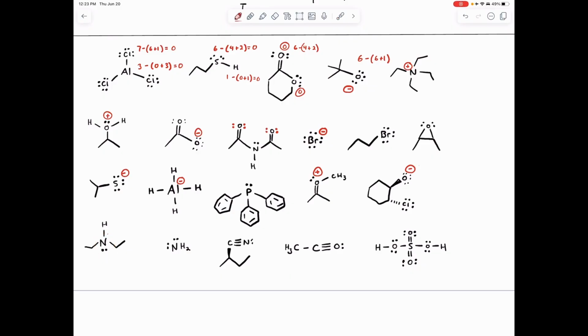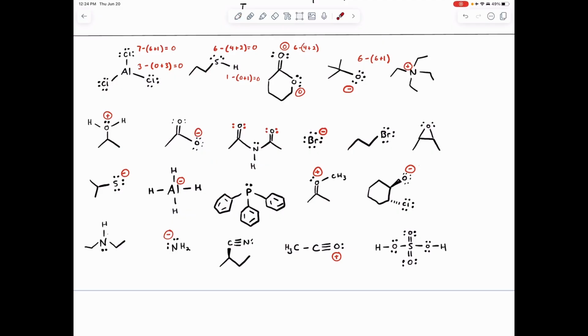Nitrogen on this next one, -1. Nitrogen here, what I hope you did was 0 because it's a valence of 5 minus 2 dots and those 3 lines of the triple bond. Then oxygen right here will have a positive formal charge. And then for this last one, everything has a 0 formal charge.